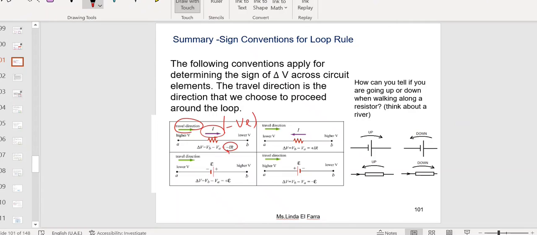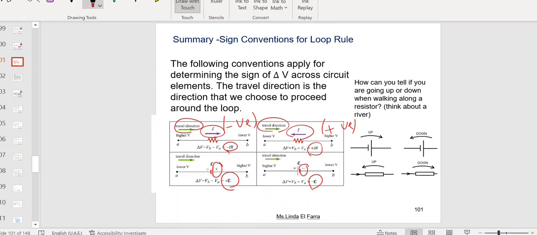If they're traveling in opposite directions, the voltage across the resistance will be positive. Now, if the loop goes from the negative to the positive terminal of the battery, I will have a positive electromotive force. If it goes to the negative terminal of the battery, I will have negative electromotive force.